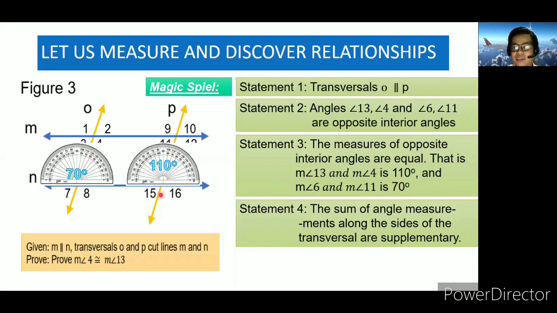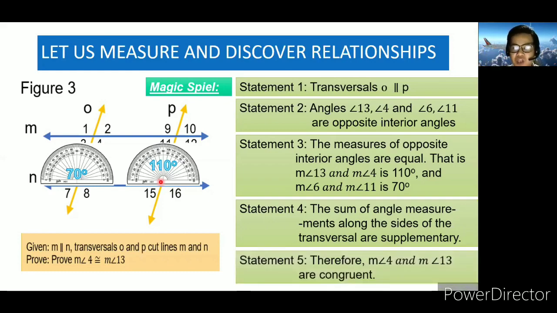Same with here on this side. Your angle 11 and angle 13 should be 180 degrees or supplementary angle. Okay, now you can have your conclusion. You can write for your conclusion that therefore, the measures of angle 4 and angle 13 are congruent. Hey, very good. You got it right.